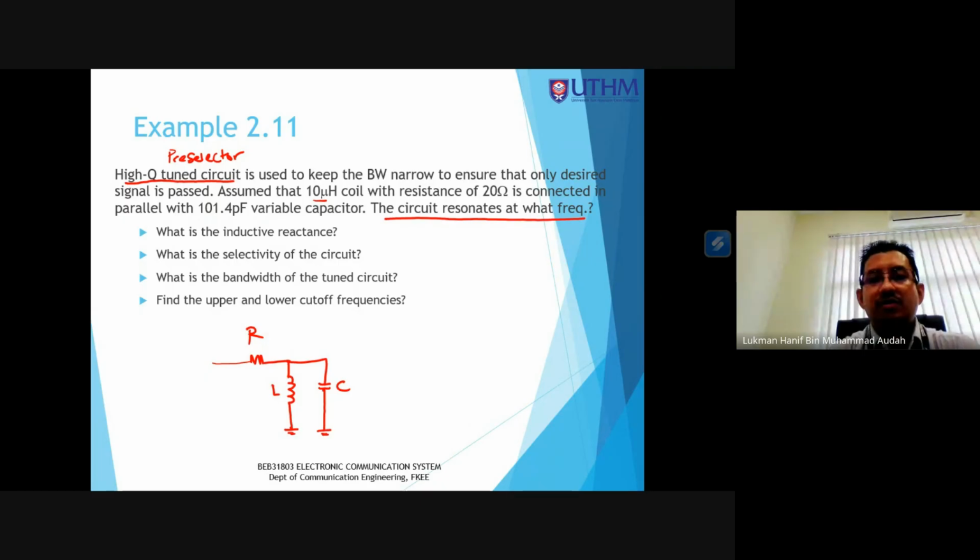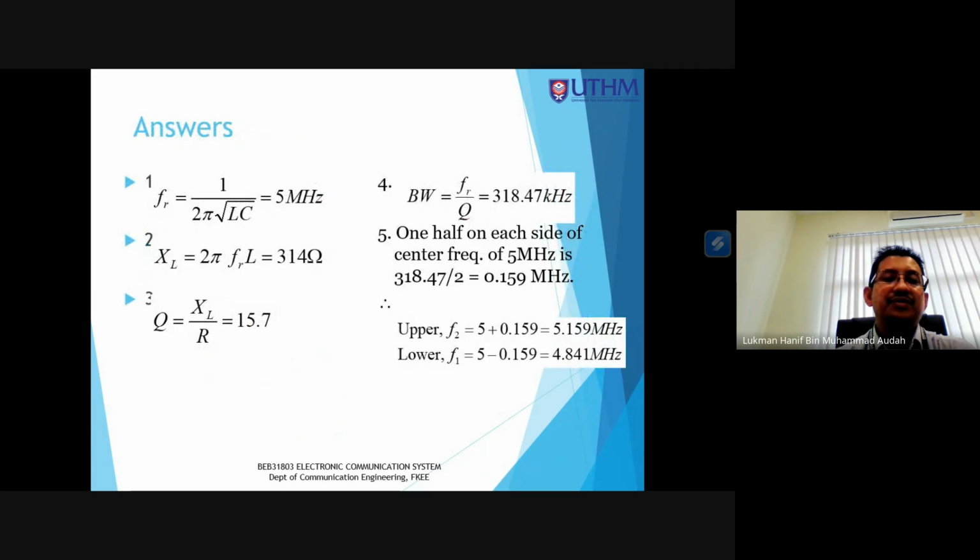In order to calculate FR, the resonant frequency is equal to 1 divided by 2 pi square root of LC.